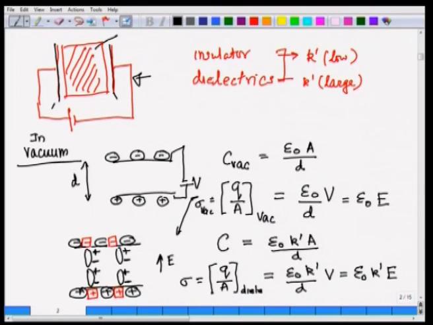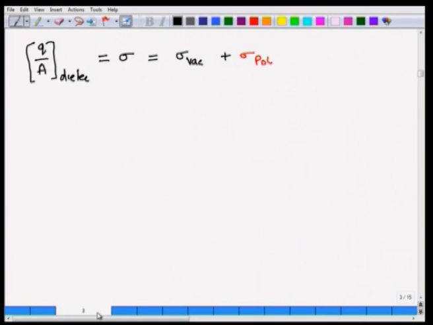When it is vacuum, this is the charge which we had inserted, which is the black colored circles, these same black colored circles here. But when you inserted the dielectric, we got additional red colored charge. So the total charge sigma now is what is due to vacuum plus something additional which we are calling the polarization charges.